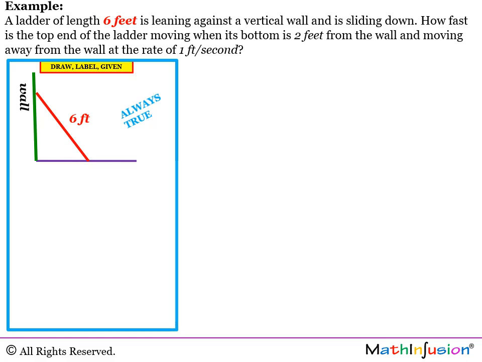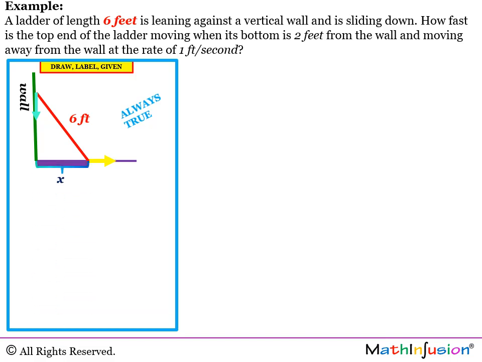But it is moving. It is sliding down, which means that the tip is going that way. And when this happens, because it's 6 feet, then it has to be that the bottom is also sliding farther from the wall. So this is the right direction. You have to be now really careful.